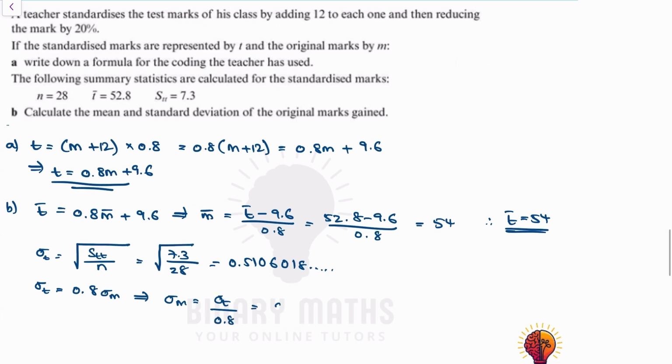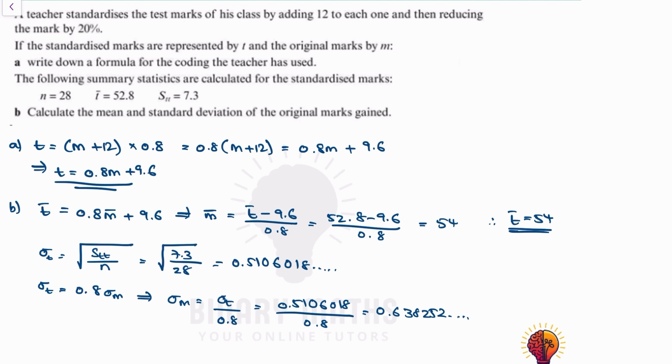Which means we get 0.510618 divided by 0.8, which is equal to 0.638252, which means sigma of M is equal to 0.64 when rounded to 2 decimal places. Just realized I labeled this wrong. This is not T bar, this is M bar, which is the original mark.